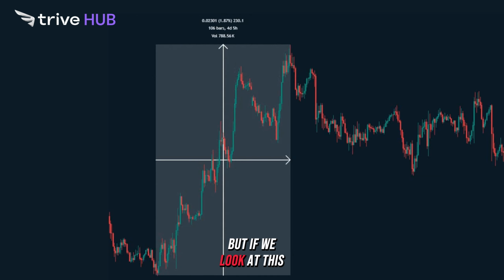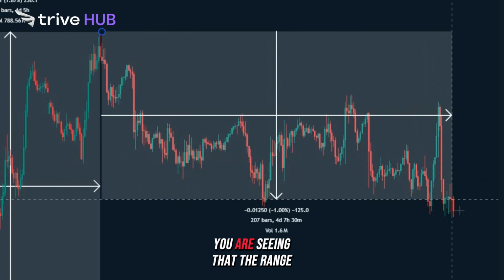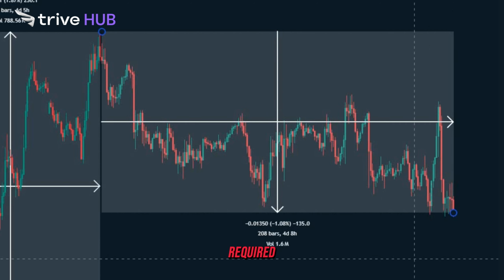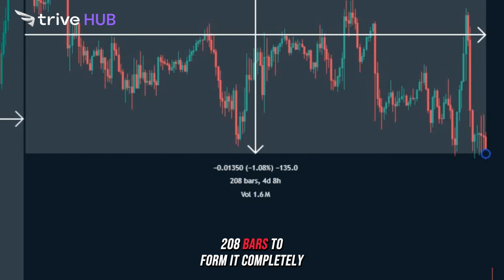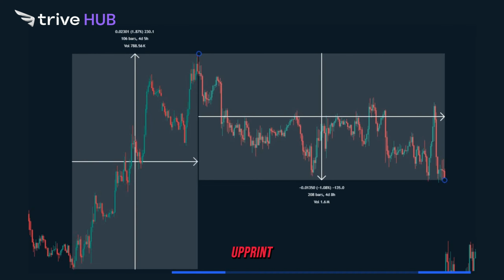But if we look at this range after this big uptrend, the range required 208 bars to form completely, and before the breakdown the volume this range generated is 1.6 million, which is way above the uptrend. So you can see how a range bound market attracts a lot of volume, because that is how big intermediaries can make money.